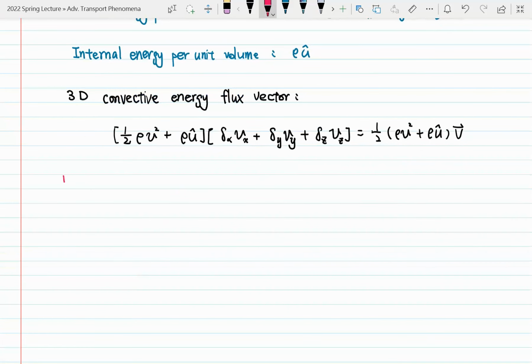The internal energy, U-hat, from a molecular point of view, equals the sum of the kinetic energy of all constituent atoms relative to v, plus the intramolecular potential energies, plus the intermolecular energies.